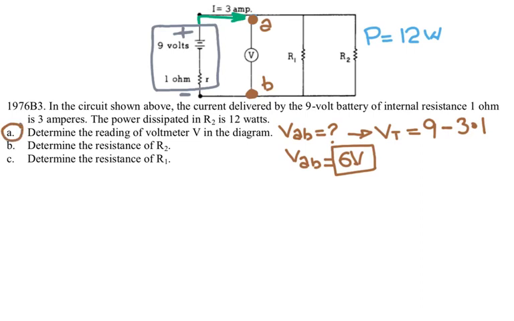For B, determine the resistance in resistor 2.